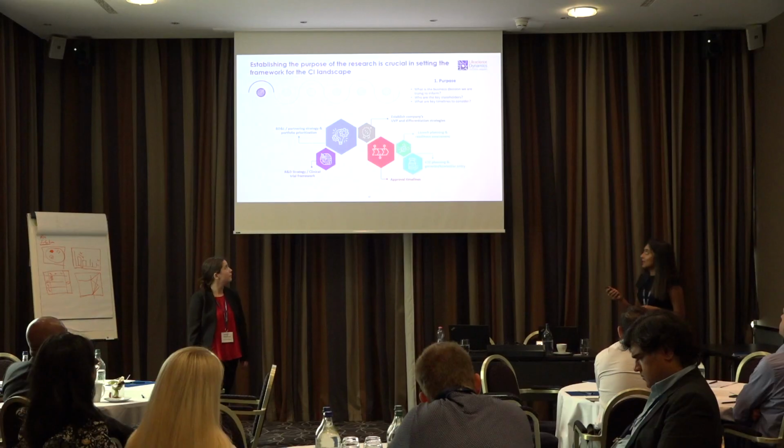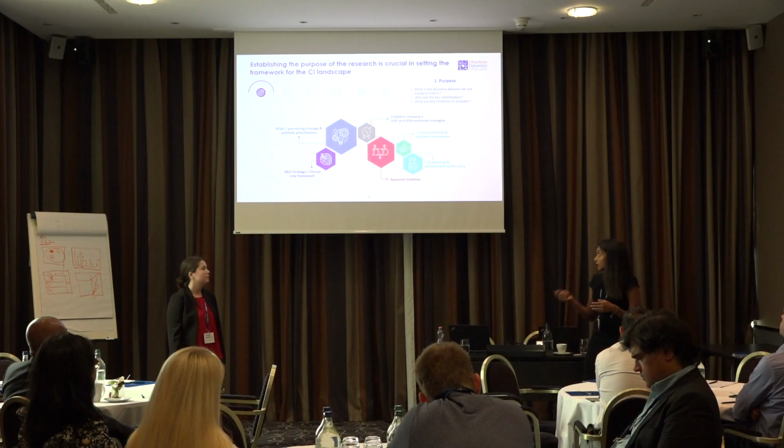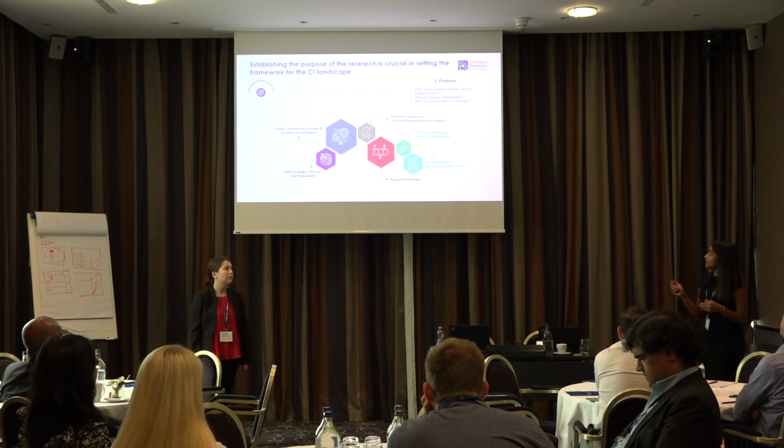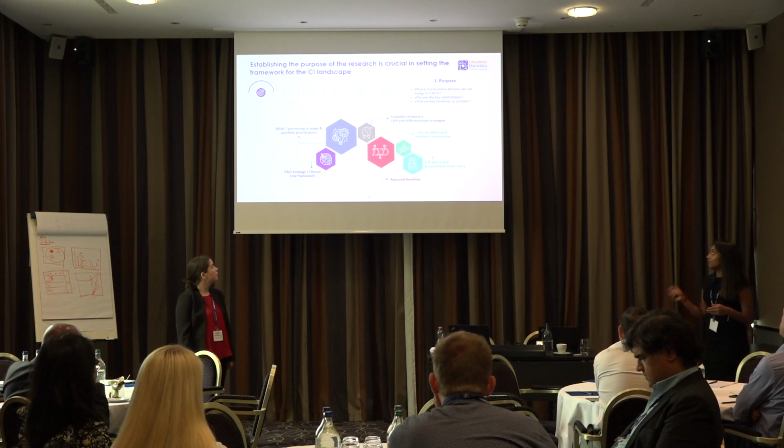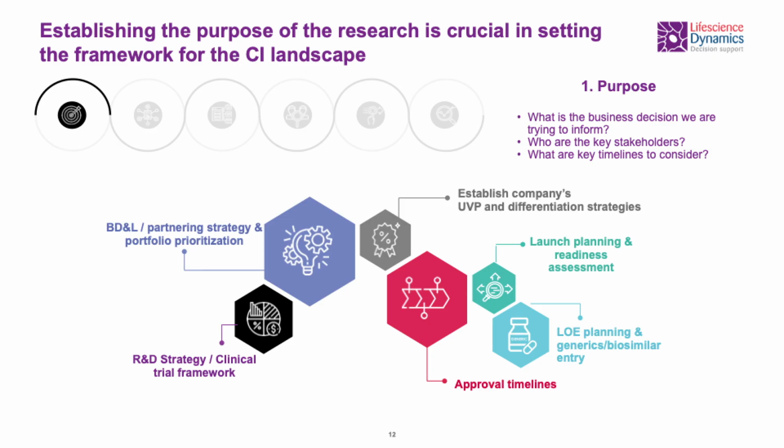During the business development and licensing process and partnering process, as well as portfolio prioritization, whether this be doing a therapeutic area assessment to see which therapeutic area may be of interest to potentially pursue, or within a therapeutic area, which asset looks most promising to potentially acquire. Establishing a company's unique value points and differentiation strategy.